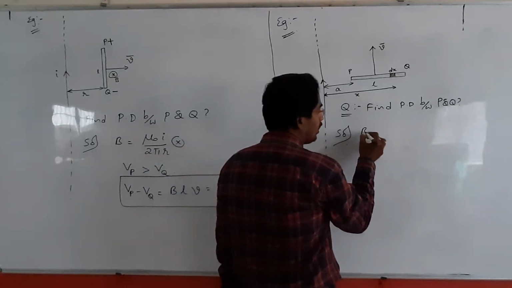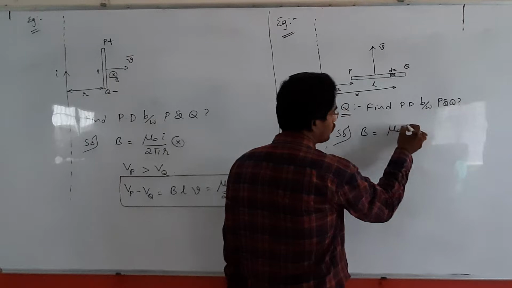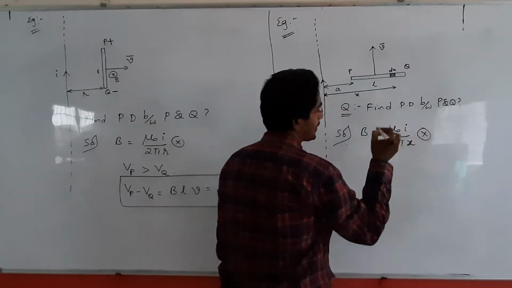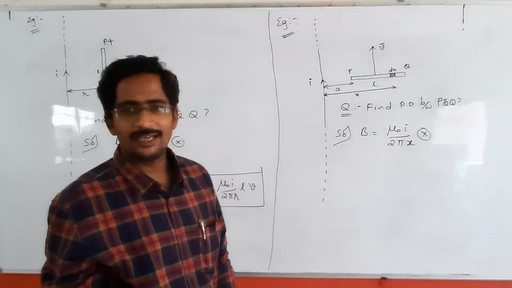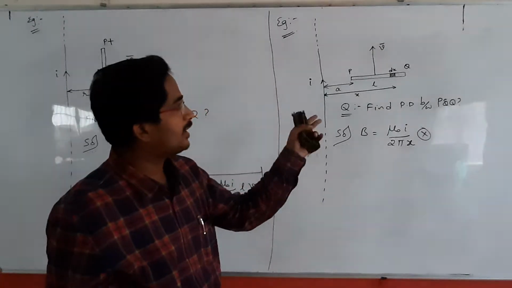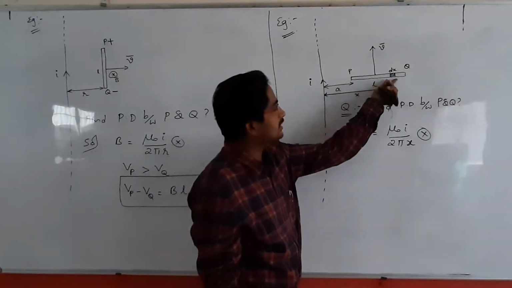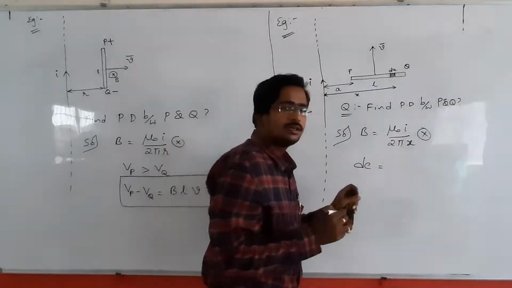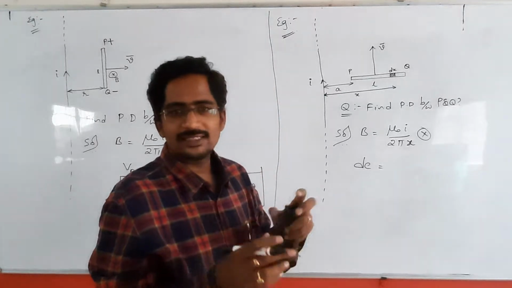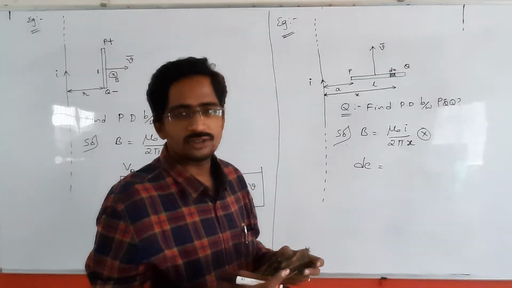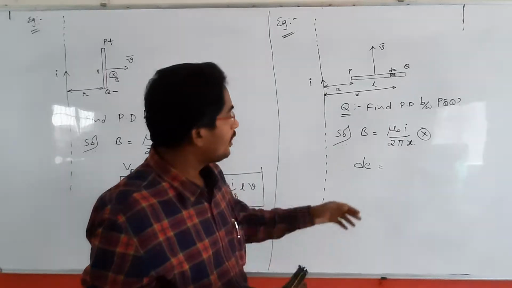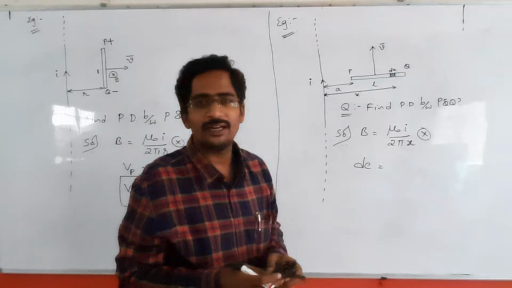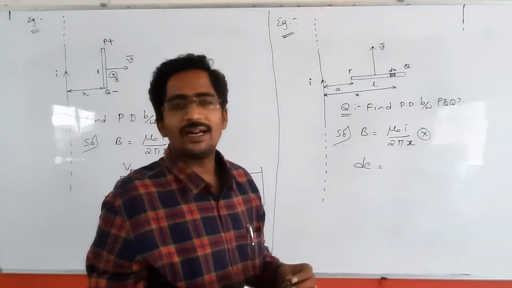First, what is the B magnitude here? Mu naught I by 2 pi x, inward. Then what about the potential difference across the element? The total potential difference is the induced EMF, but here it is a small potential difference across the small element, so I denoted it with d epsilon.